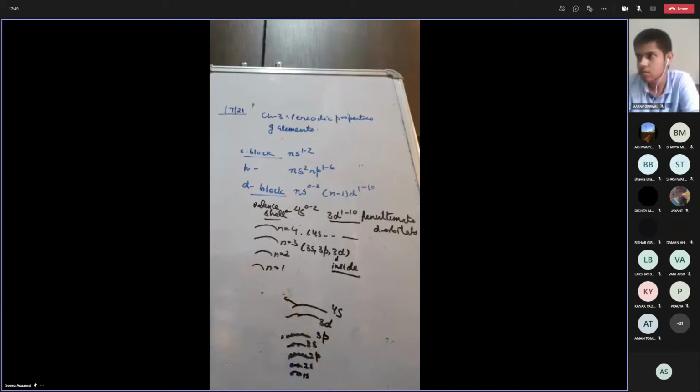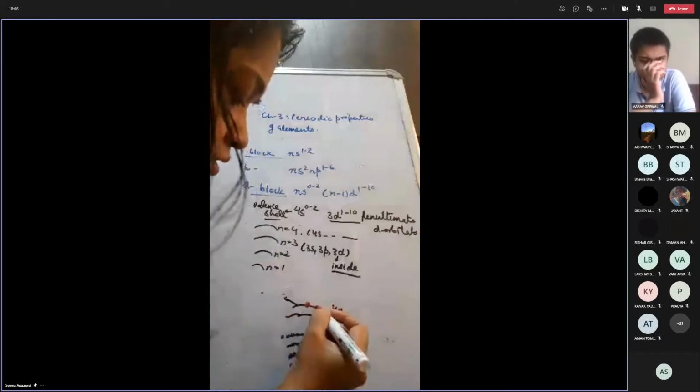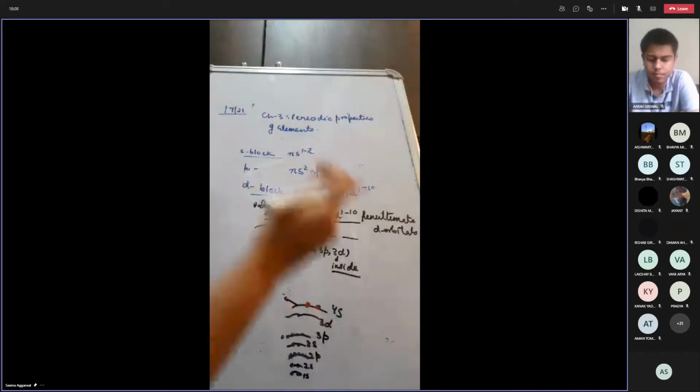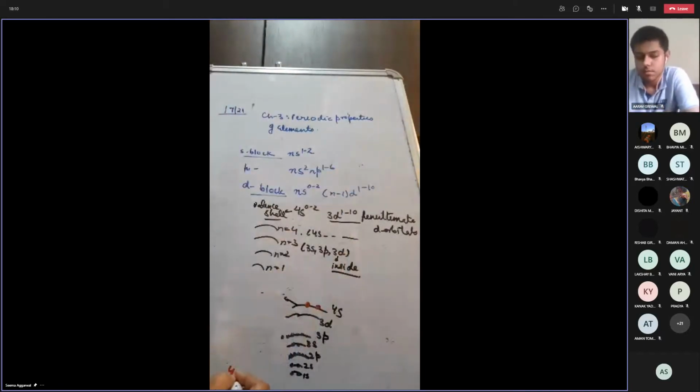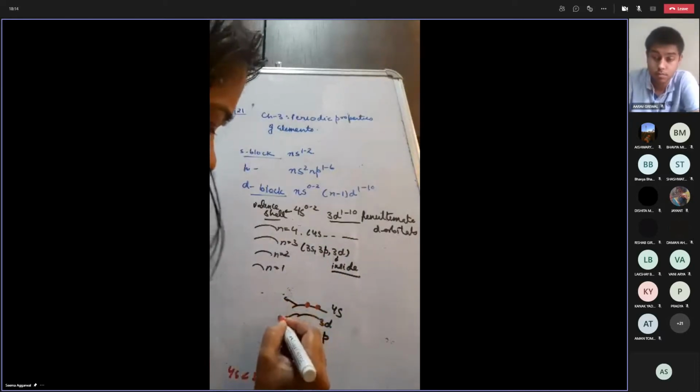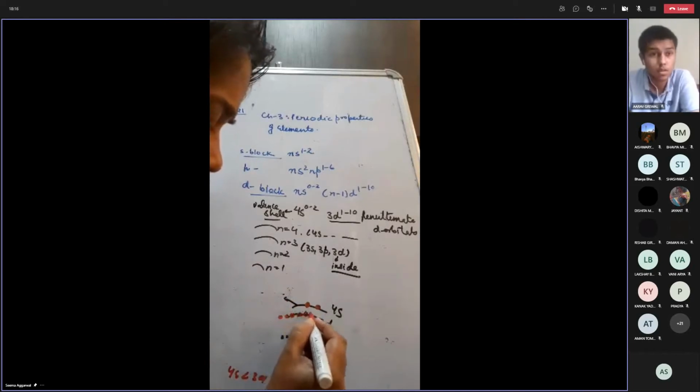Now the electrons will first enter which orbital? Ma'am, 4s. Yes, because the energy of 4s is lower. So electrons first enter 4s. Then, because the energy of 3d is greater than 4s, the electrons start entering the 3d orbital.